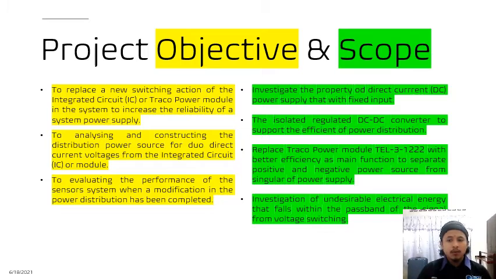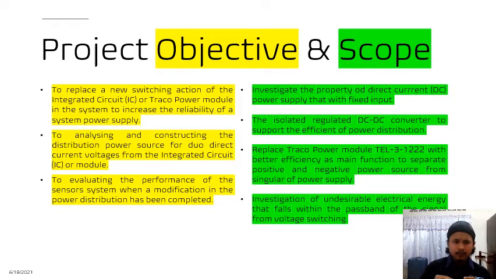We carry out a few objectives and scope for the project to be focused on, and we investigate to develop this system. There are 3 objectives and 4 scopes for this project. First objective is to replace the switching action of the integrated circuit, the Traco power in the system, to increase the reliability of the power supply.